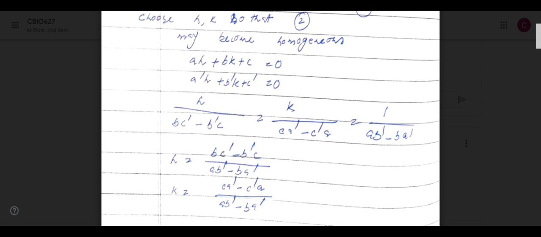You don't have to consider that one. On the right side, c a dash and c dash a. This I have used with the matrix method to solve this. You can do that way. If you feel that what Subhas is telling is easier, you can do that one.